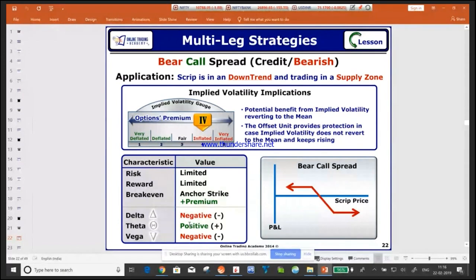When you sell options, see, volatility helps the long options guy and hurts the short options guy. Here we are in a credit strategy. Volatility rise is going to hurt us. Volatility drop will help us. Look at this. Potential benefit from IV reverting to mean. Offset unit provides protection in case IV does not revert to the mean and it keeps rising.